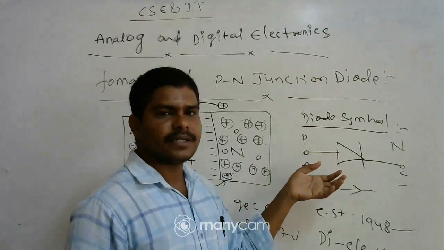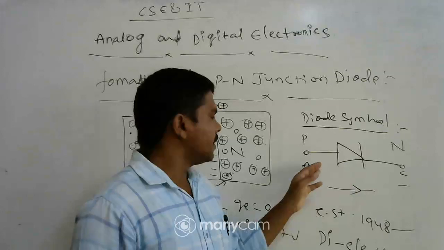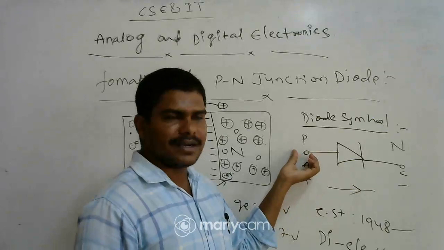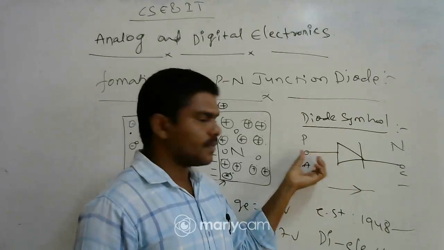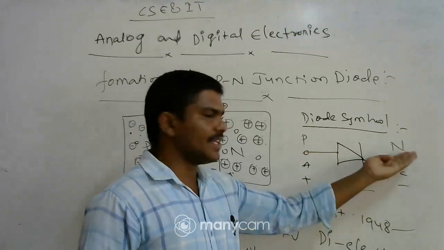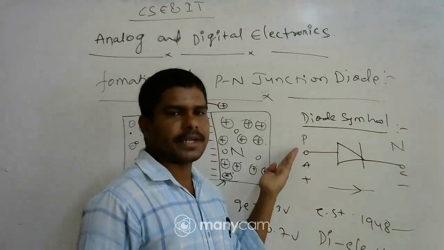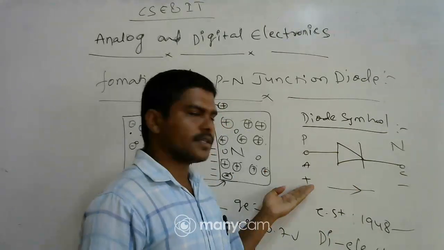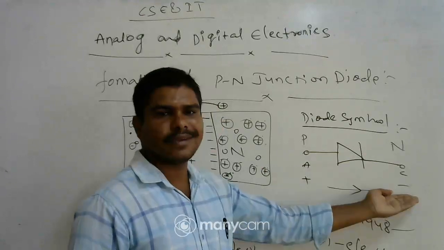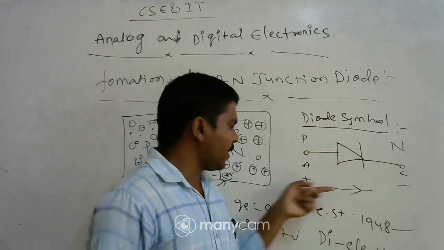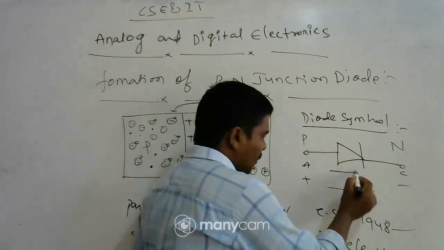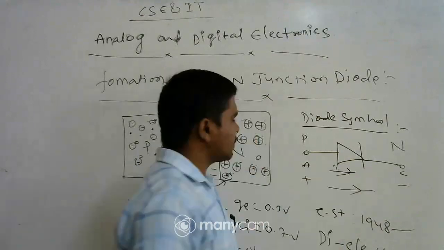This terminal is called the anode, and this side terminal is called the cathode. The cathode represents the N region, and the anode the P region. The anode is positive and the cathode is negative, and current is allowed only this way. Current goes in only one direction.